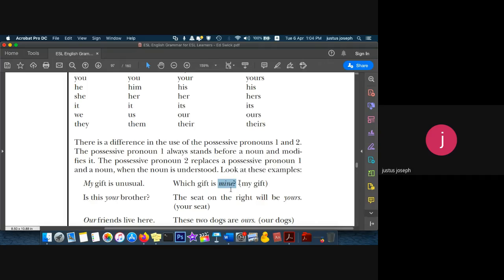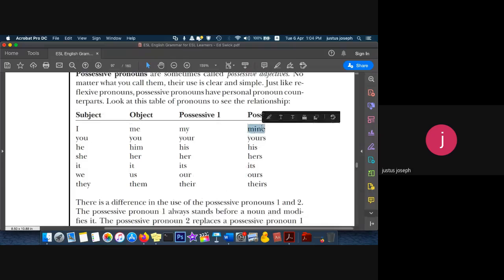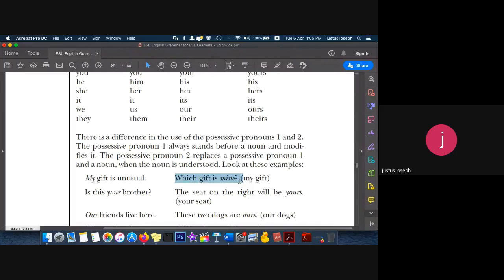You will use the word mine. That is the second form of possessive pronoun. Generally, the second form is used when your sentences are interrogative in nature. Not always, there are some exceptions, but mostly that is when you'll use them. So that's why you see this is a question, and we have used the second form of the possessive pronoun.